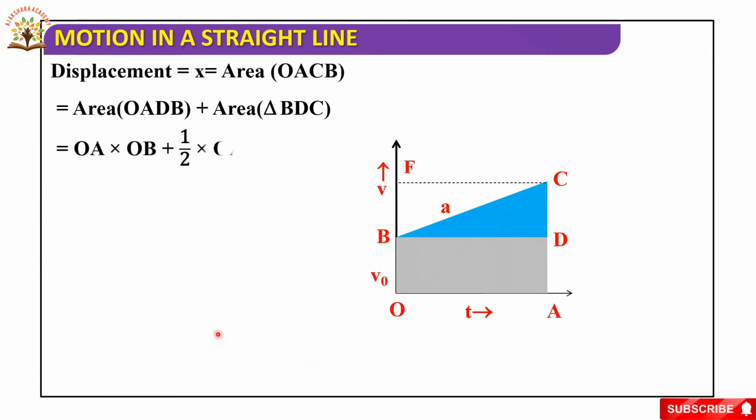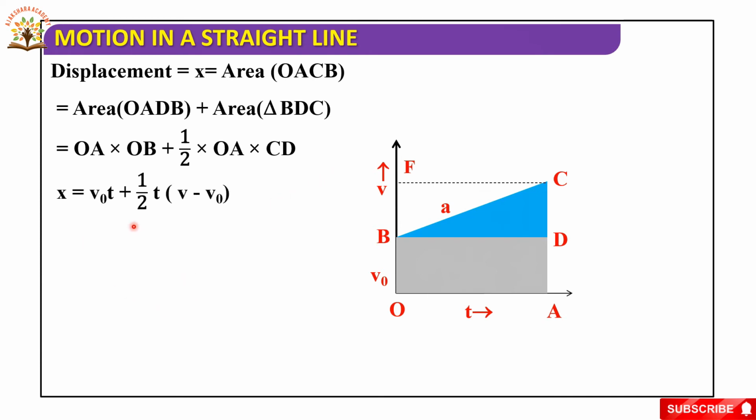Now OADB is a rectangle, length into breadth, OA into OB, and BDC is a triangle. Area of triangle is half into base into height, half into OA into height CD. So OA into OB plus half OA into CD.